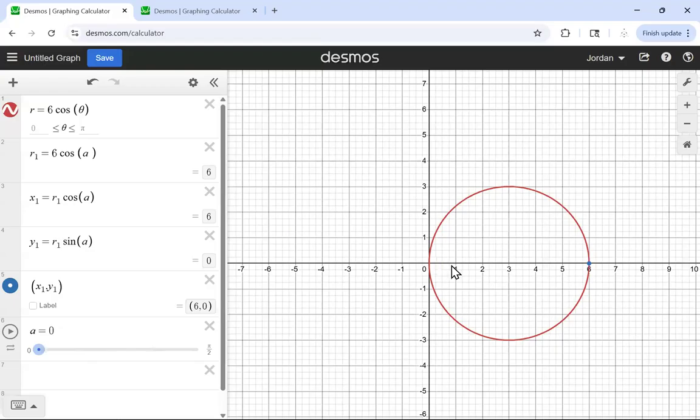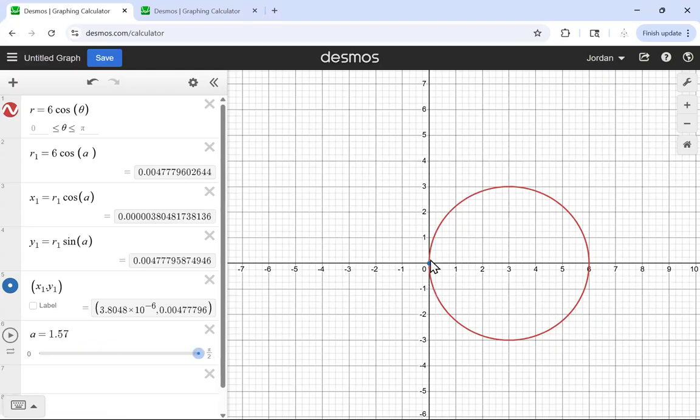So 6 times cosine theta is this circle here, the whole circle. But if I'm going from 0 to pi over 2, I'm just tracing out the top half. And so I'm taking the top half of that circle, rotating it around the x-axis, and I'm getting a sphere of radius 3.